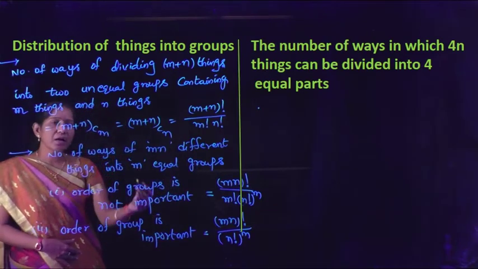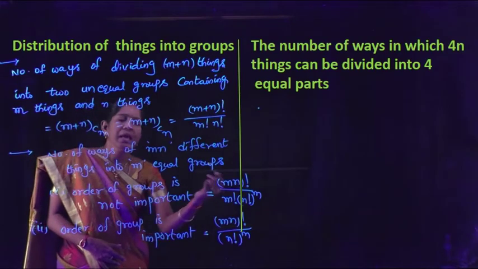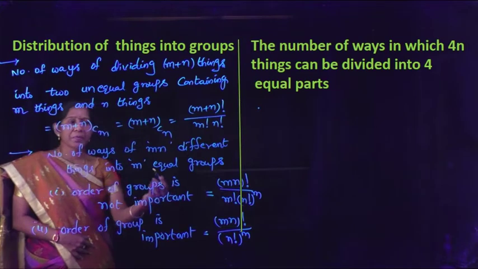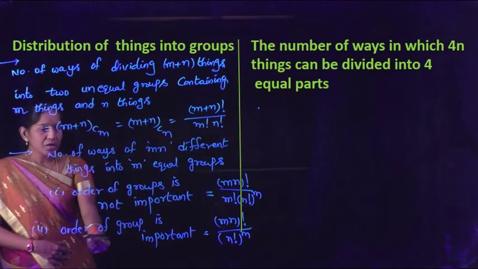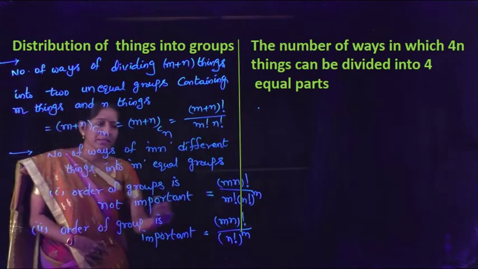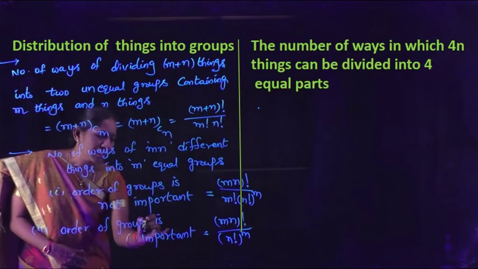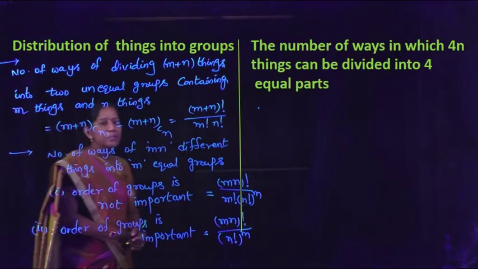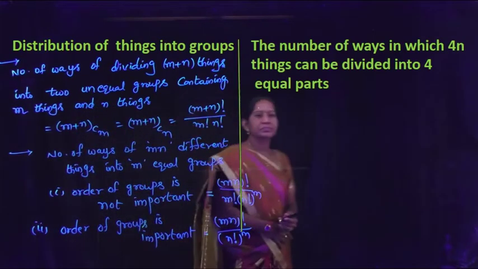Then order of groups is not important, (mn) factorial by m factorial into (n factorial) whole to the power m. And when order of groups is important, that is (mn) factorial by (n factorial) whole to the power m. See the problems on this concept.